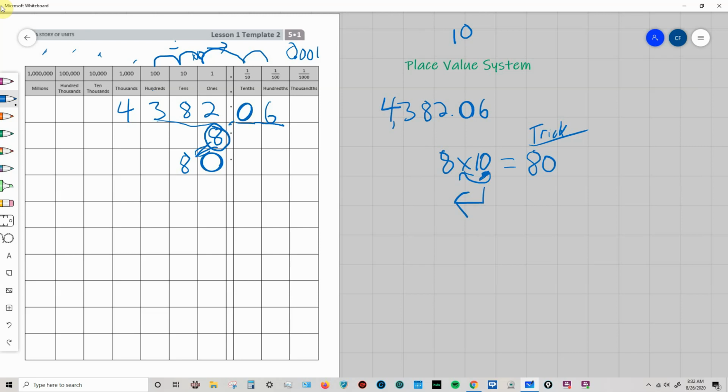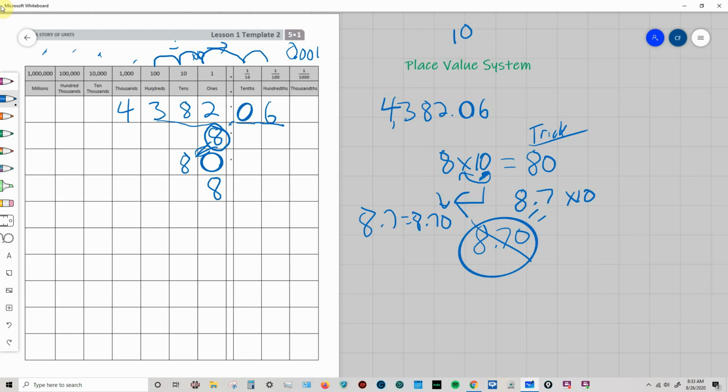Because that trick doesn't work so well if I tell you, well, what about 8 and 7/10 times 10? Can I just add on a 0 and say, oh, it's 8.70 or 8 and 70/100ths? No, because 8 and 70/100ths equals 8.7 equals 8.70. There's a 0 there. Look at this.